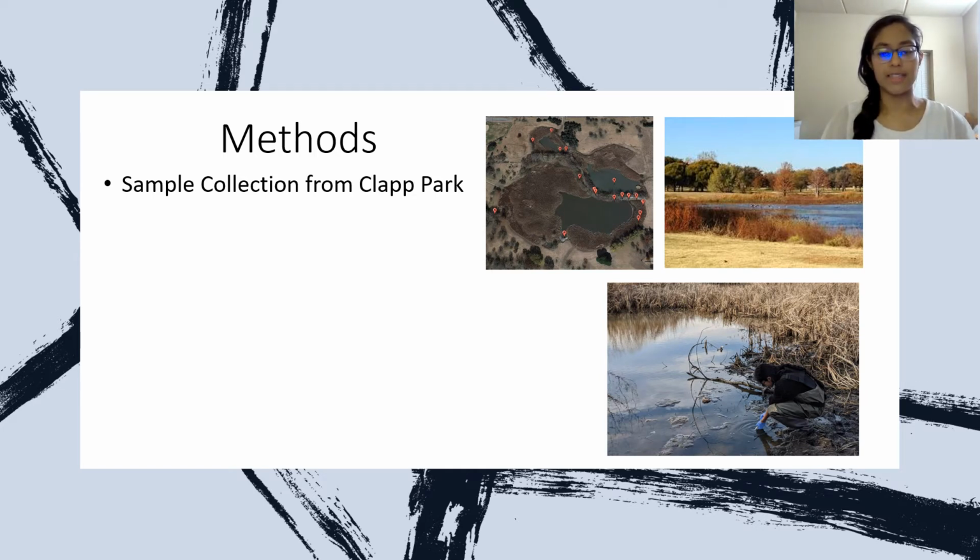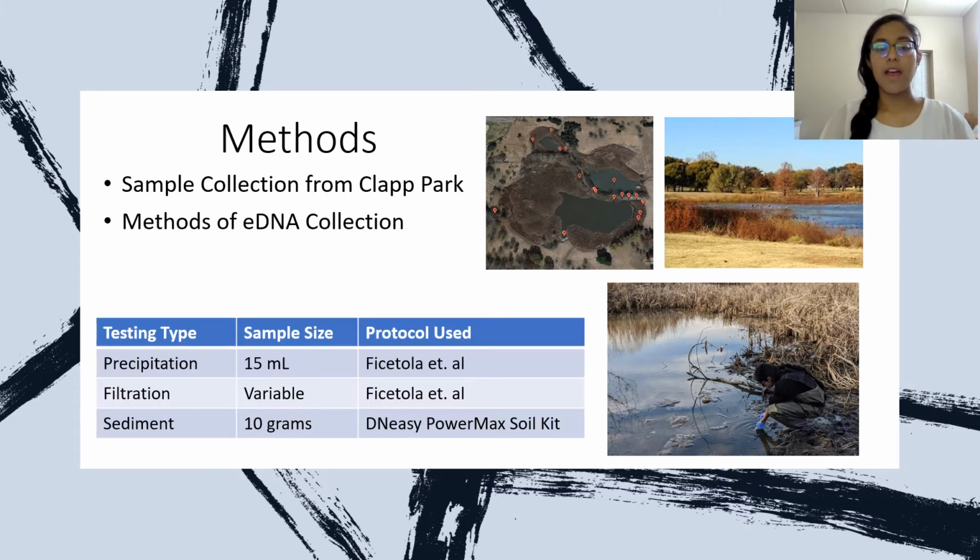At each of these testing sites, we used 3 different methods of eDNA collection. As seen in the table, we use precipitation, filtration, and sediment collection methods. Each of these collection methods is unique, especially in its sample size. For example, in the precipitation method, we had a set amount of water that we collected at each site, 15 milliliters.